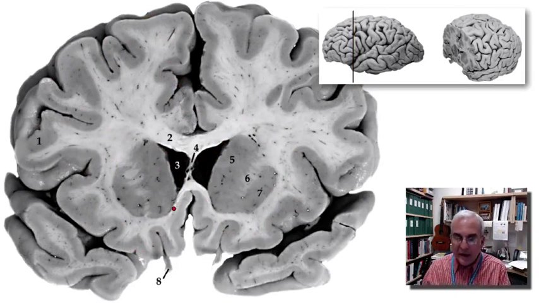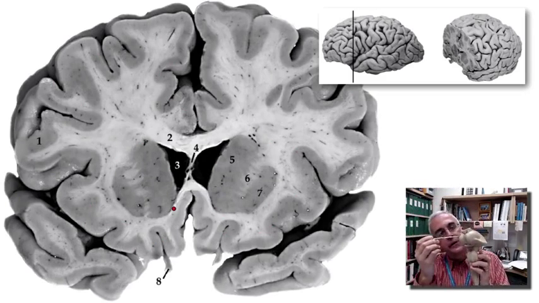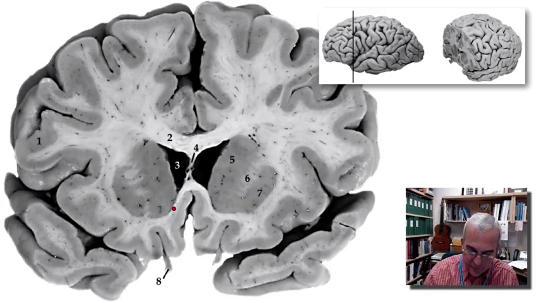We are looking at a section that would have been taken very near the front edge of the internal capsule. So what we would expect to see is this continuity of the caudate, the putamen, and then the ventral striatum, the nucleus accumbens down below. And that's really what we observe here.